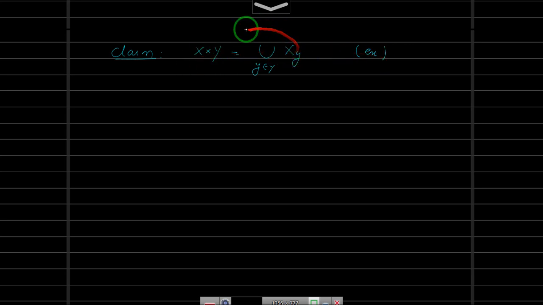Now we know that this is connected. Why? We need to show that the intersection of the X suffix y is non-empty. Since, for the intersection over y belongs to y, X suffix y will be containing x naught cross y, right?